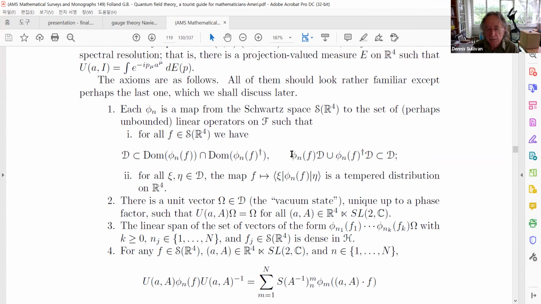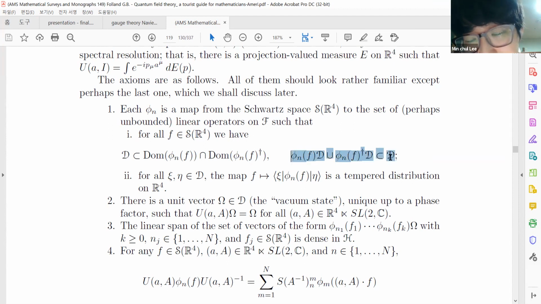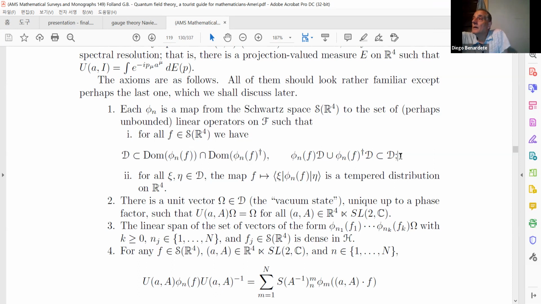Sorry about this. Their image should also be included in this domain. That's part of the axiom as well. Sorry about not including all these details. Well, they take the domain into a subset of itself. Okay, well, that's another axiom.